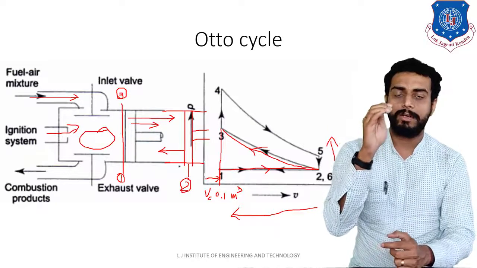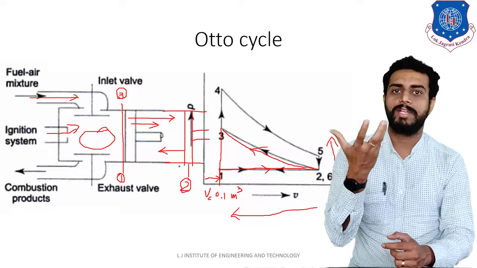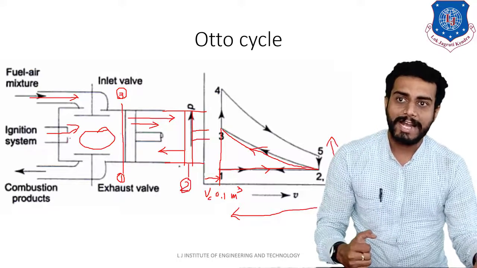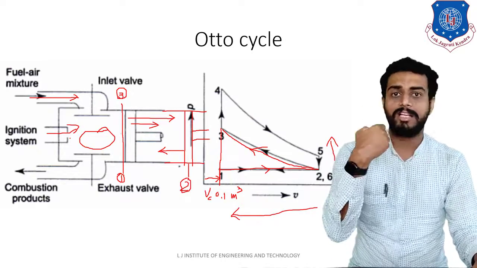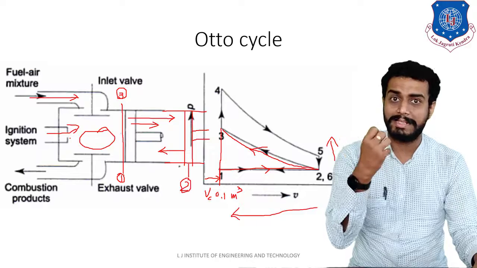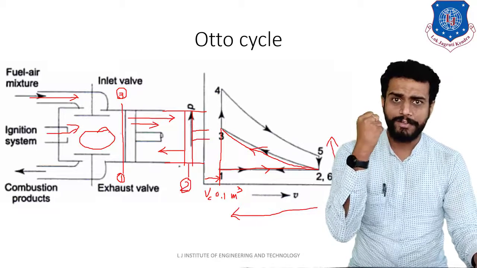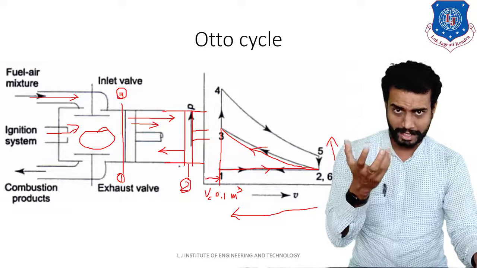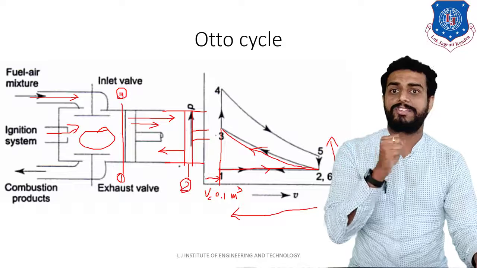As soon as you provide the spark using the spark plug, combustion will start. That process is very instantaneous and takes a fraction of a second. That is known as the combustion process.